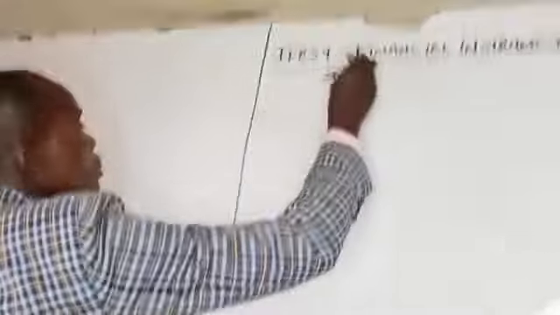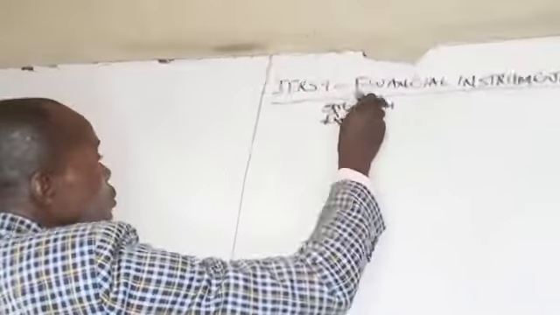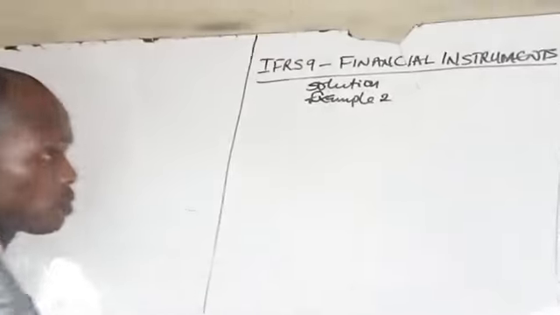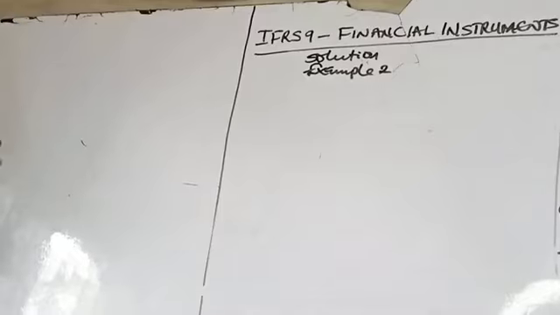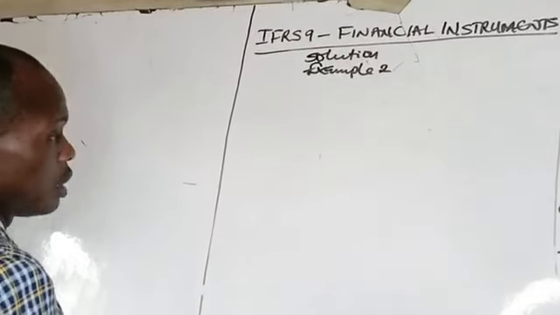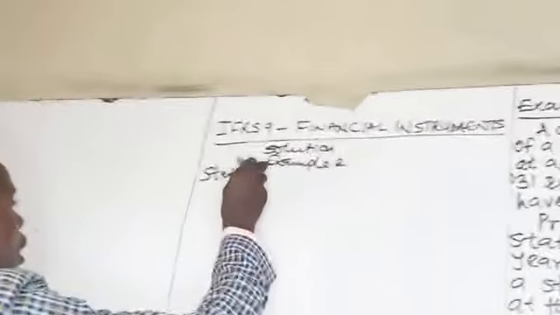Now let's have the solution to example 2. Now, this investment, let's have the statement. The name of the entity is not given.